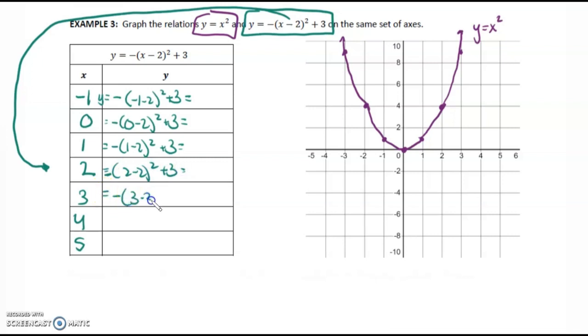Negative 3 minus 2 squared plus 3. Negative 4 minus 2 squared plus 3. And negative 5 minus 2 squared plus 3.